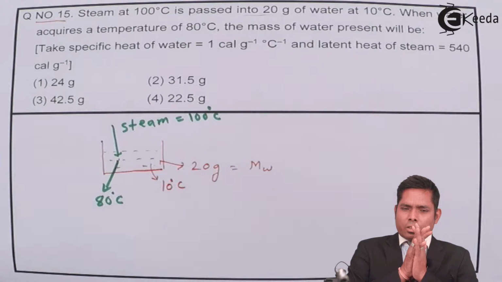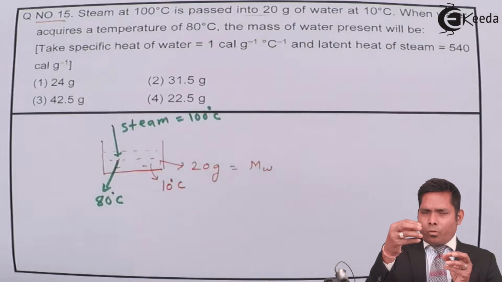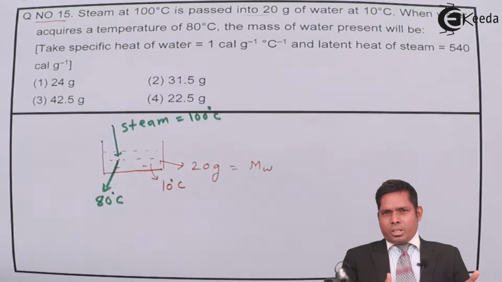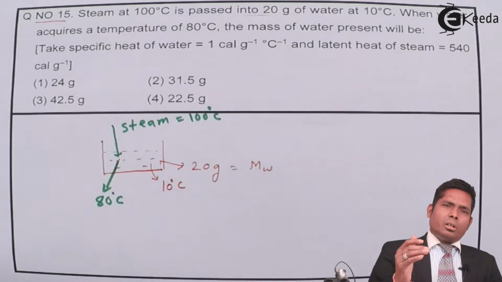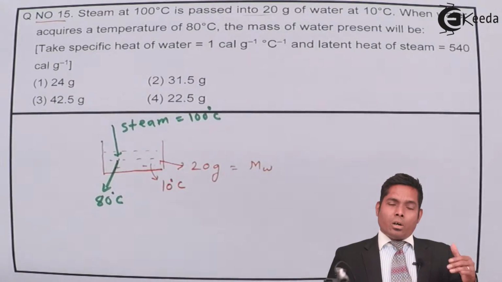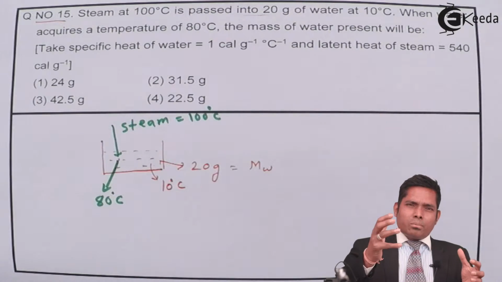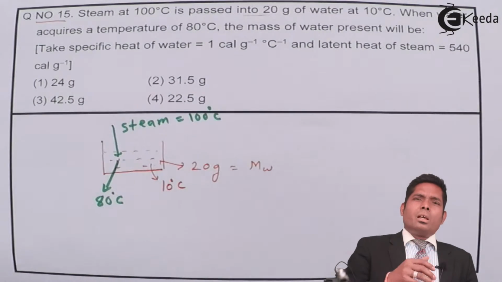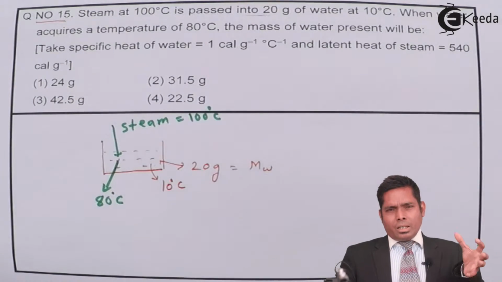So earlier it was 20 gram, and some extra water will be formed, because steam is at 100 degrees centigrade and the earlier water was at 10 degrees centigrade, so some steam will lose heat and water will gain heat.